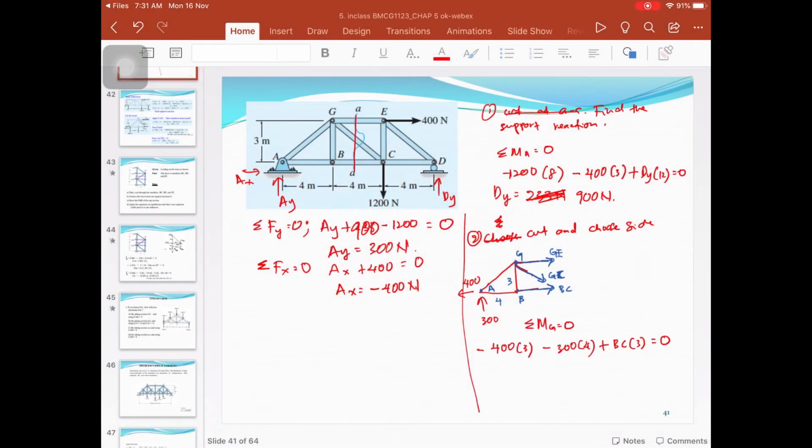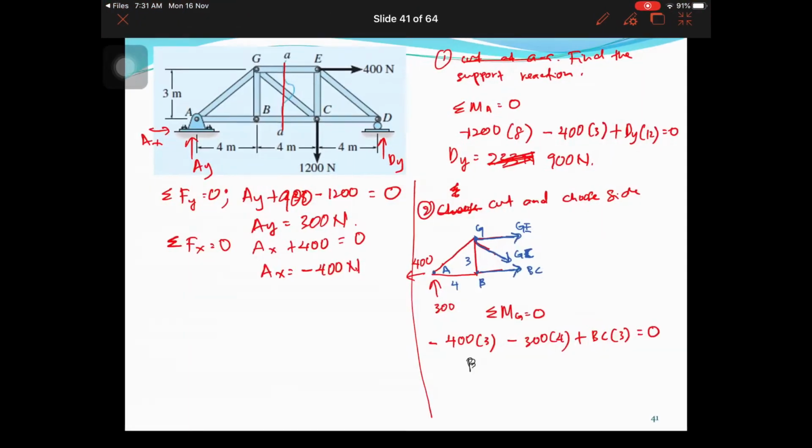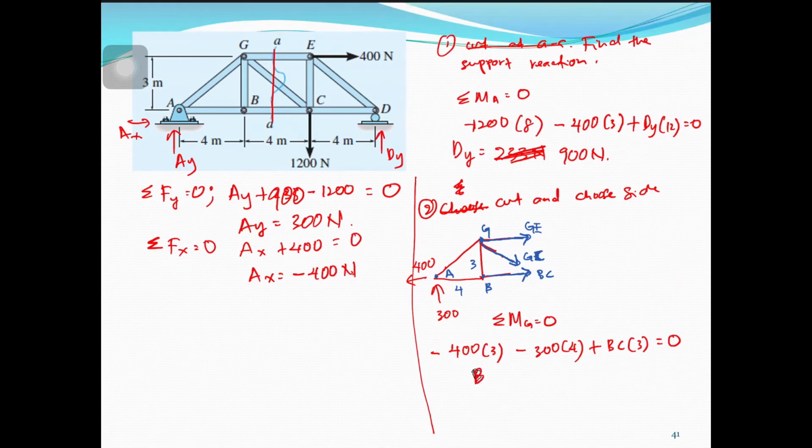So BC is equals to minus 400 times 3 plus the same, divide by 3, you are left with 800. 800 Newton for the BC.